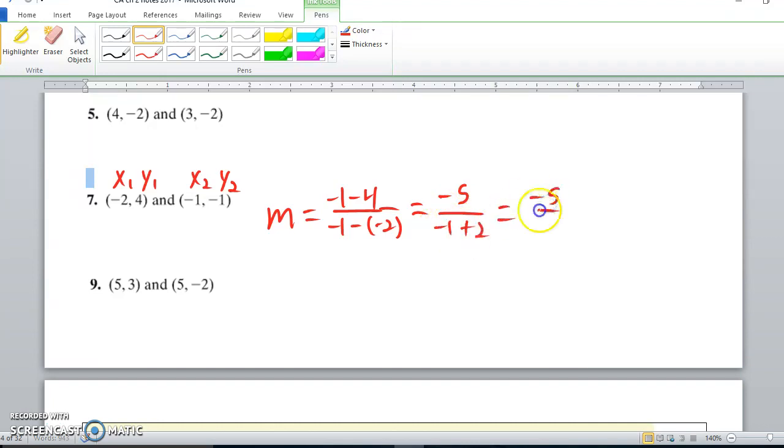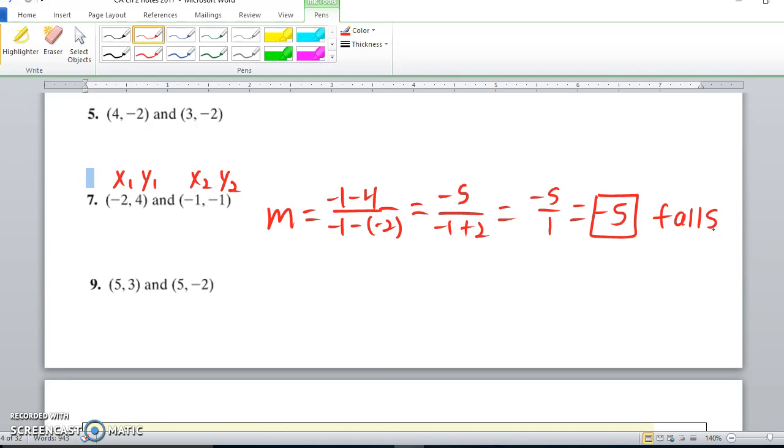So we get -5 over 1, which can just simplify to a -5. And so since it's negative, if you were to graph it, it would fall. So it falls from left to right if you were to graph that.